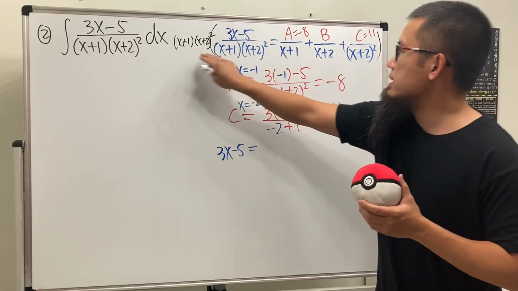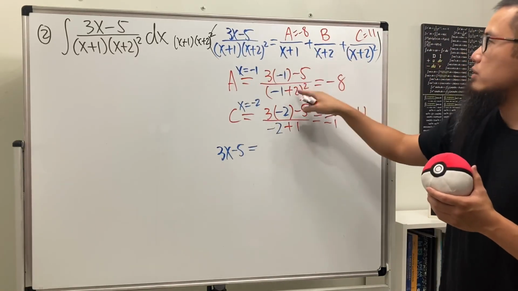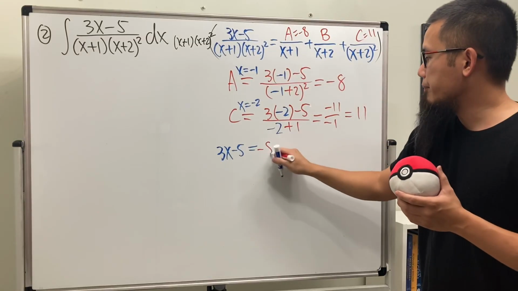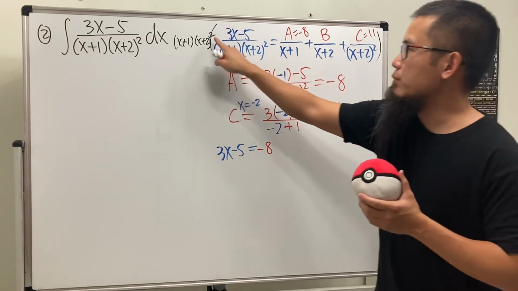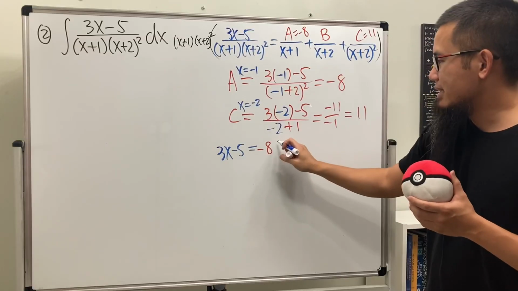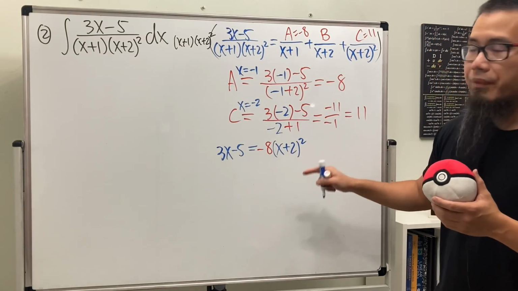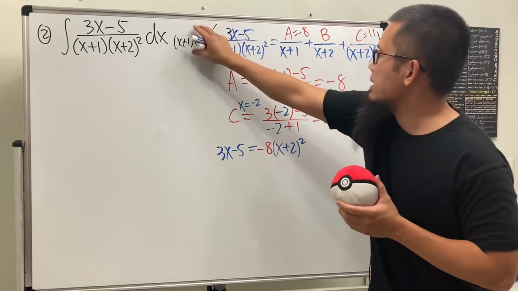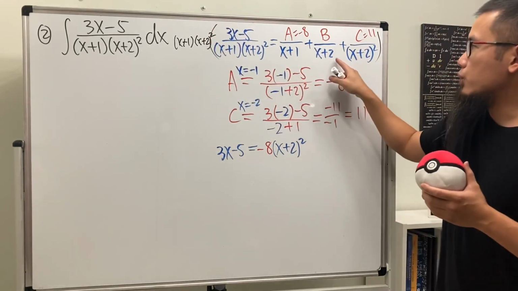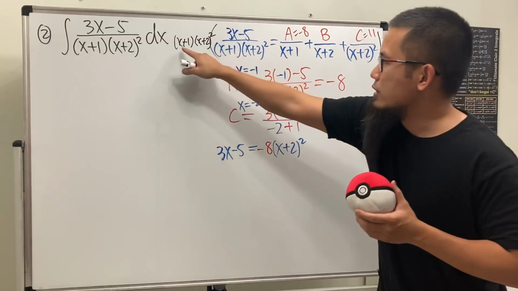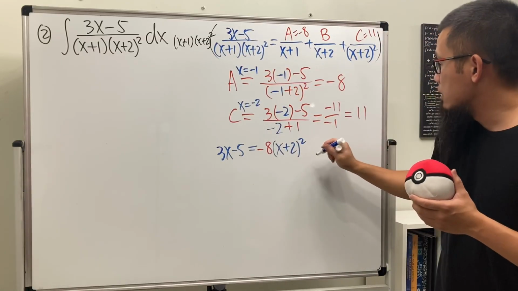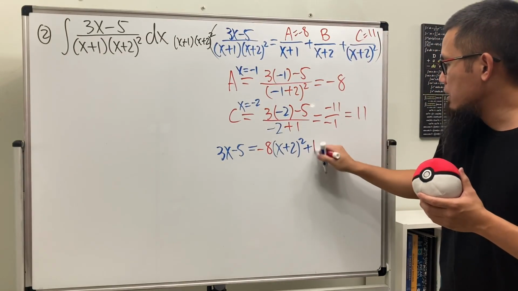And then when we do this times that, the x plus 1 cancels, so we get the -8. And we will still have to multiply by this guy. So it's slightly longer for this question. So we have x plus 2 squared. And then this times that, one of the x plus 2 cancels. So we will still have to have this, which is, let me just write down plus b.